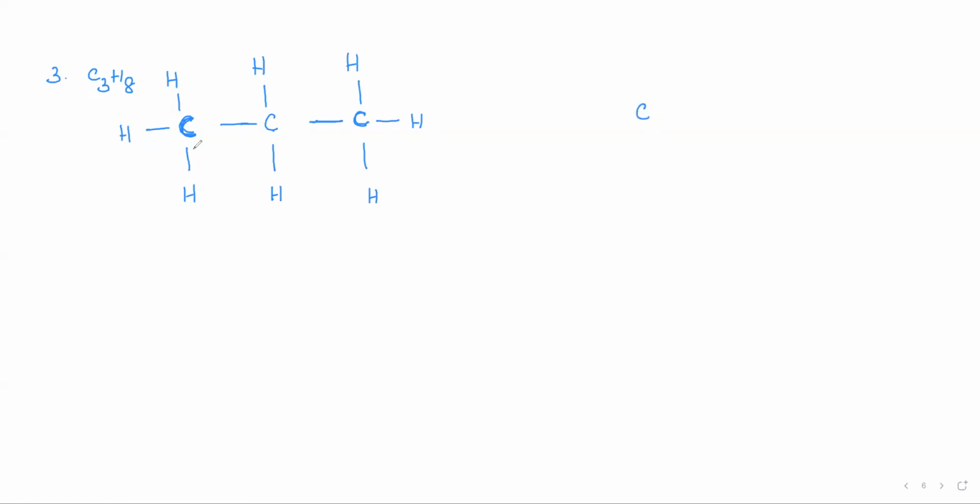Condensed will be the first carbon, 3 hydrogens, CH3. Second, 2 hydrogens, CH2. Third has 3 hydrogens, CH3. So CH3, CH2, CH3 is the third member and we call it prop plus ANE. Prop representing 3 carbons, ane representing the single bond. Therefore, this particular example is called propane.